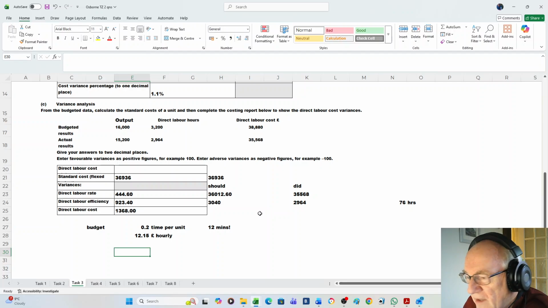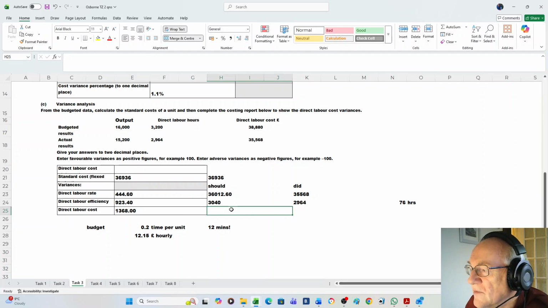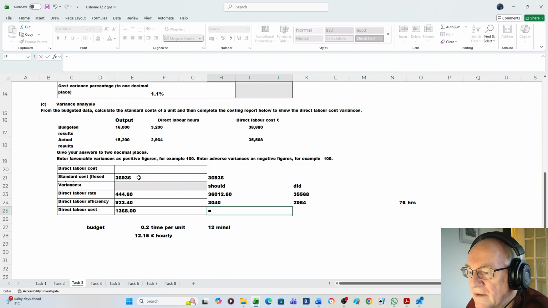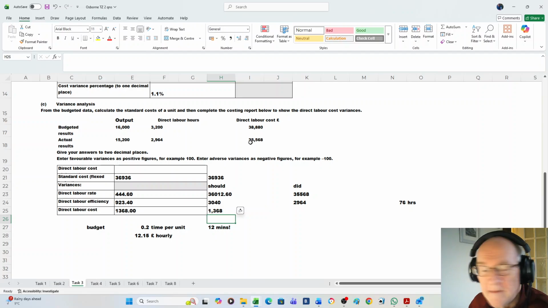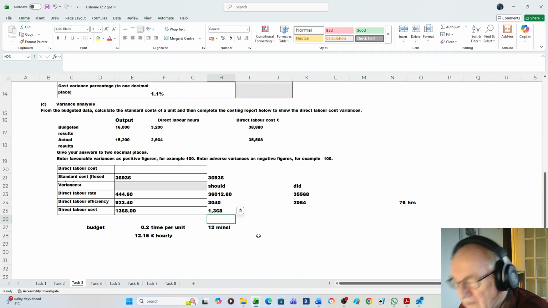However, just to double check, we've actually got the figures. If we took the standard cost minus the actual, we've got the same answer, and that's task 3 done.